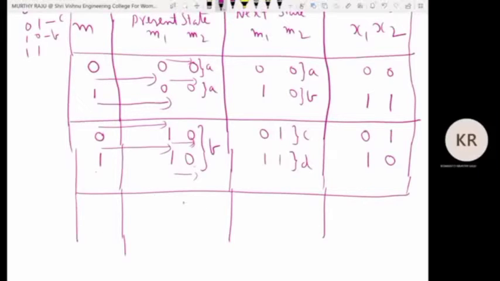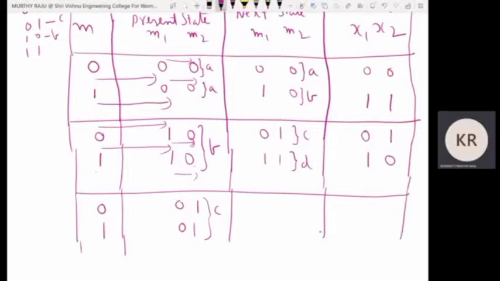Now the convolutional encoder is in C state, 0, 1. M bit has two possibilities, 0 and 1. Find out x1 and x2. We know that x1 is equal to M exclusive OR with M2, and x2 is equal to M exclusive OR with M1 exclusive OR with M2.